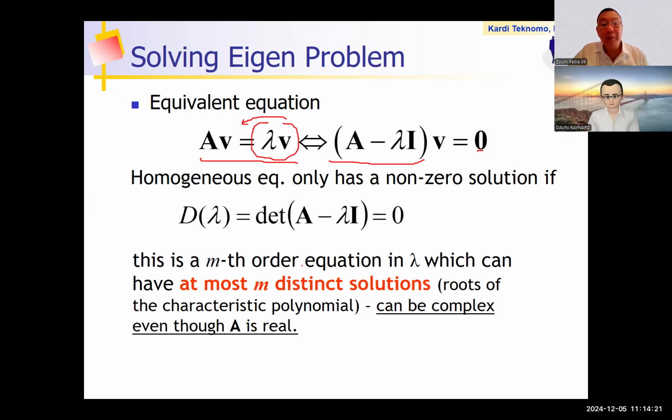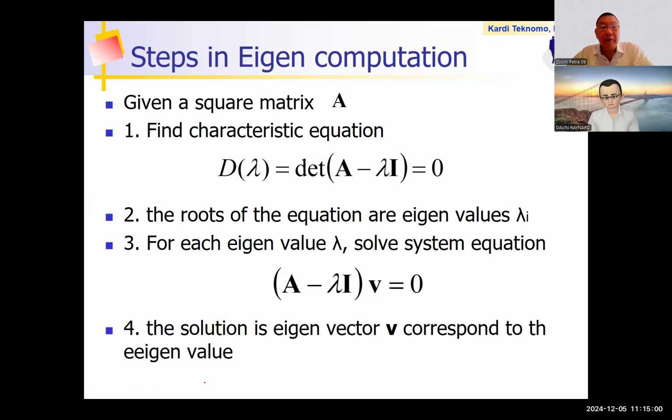Okay, let me summarize. Given a square matrix A, you form what is called the characteristic equation. So the characteristic equation is you form A minus lambda I, and then you get the determinant and equate it to 0.